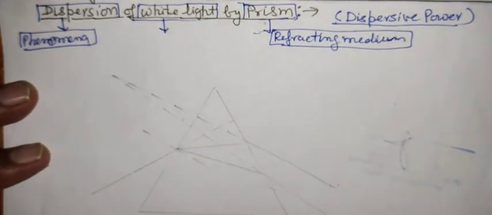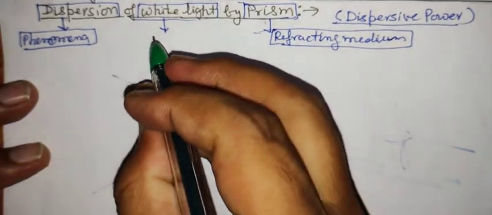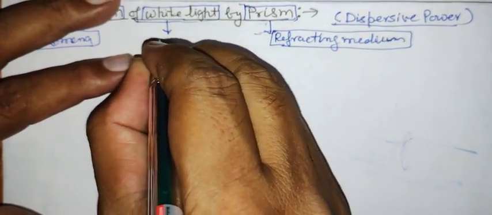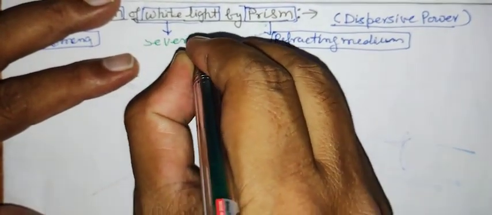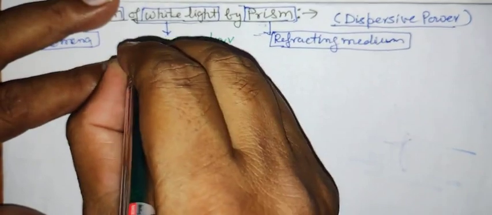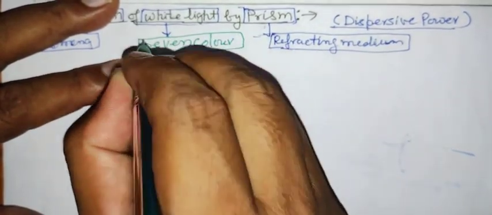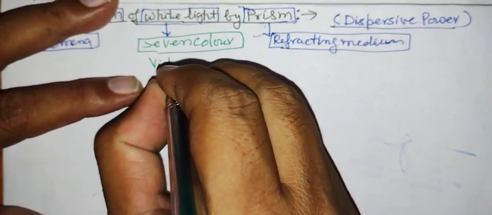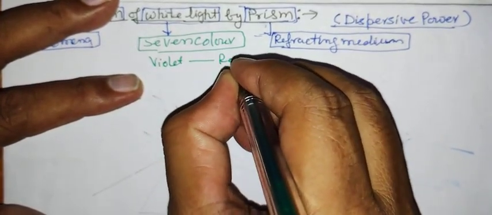We know that white light is a mixture of 7 colors. These 7 colors are from violet to red.